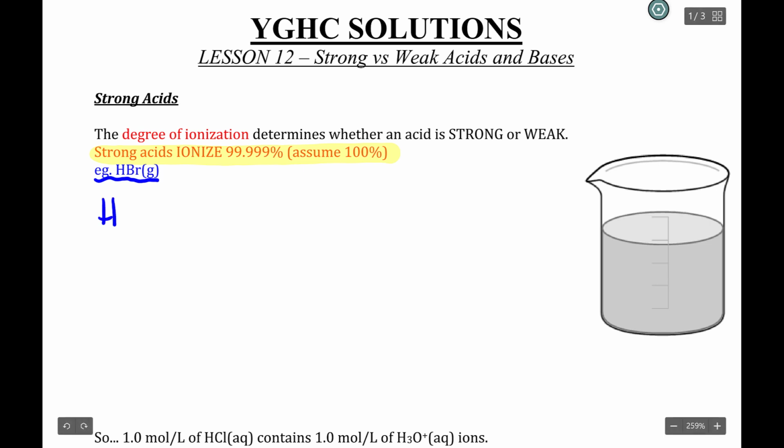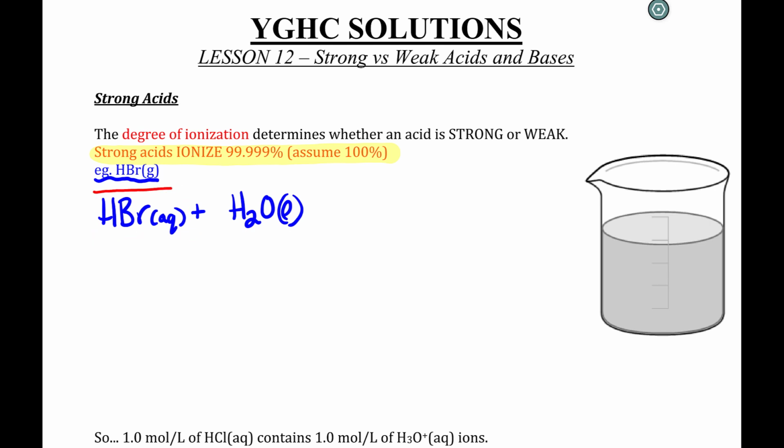So the HBr becomes aqueous because it is polar and soluble in water, and then it reacts with water to form acid. I want to make sure you're really clear: even though we call this a strong acid, it's not acid. Hydronium, H3O+, is acid. We call this thing an acid because it makes acid, not because it is acid.